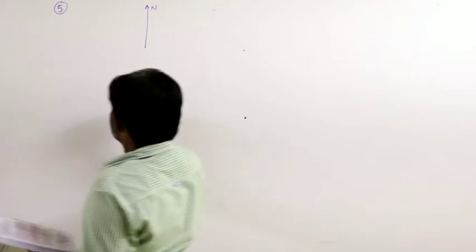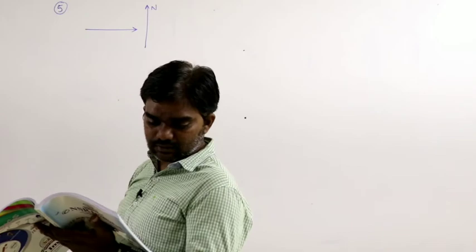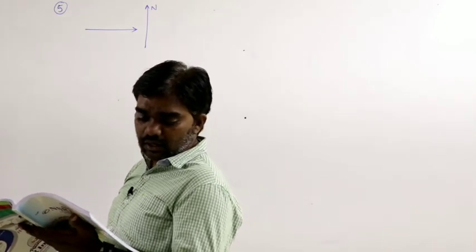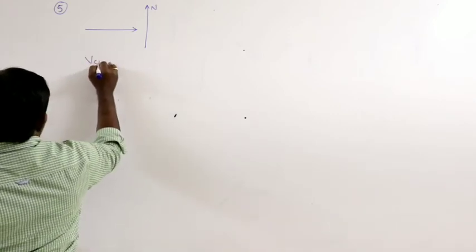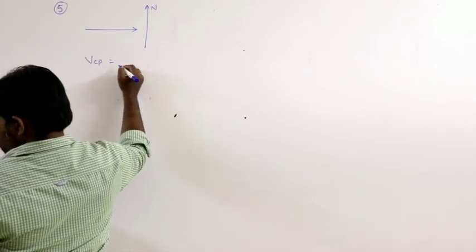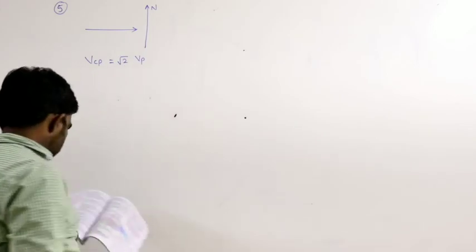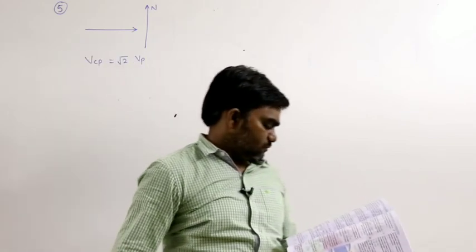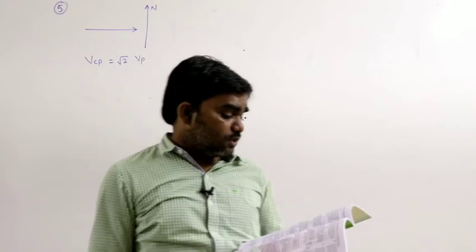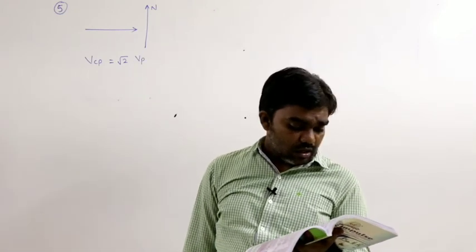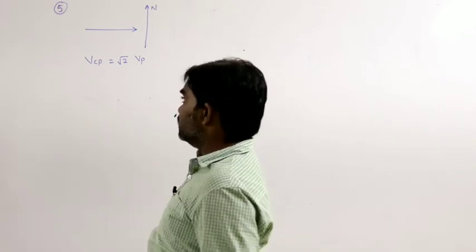He observes that the relative velocity of the car with respect to the person is root 2 times the velocity of the person. That is the given condition.